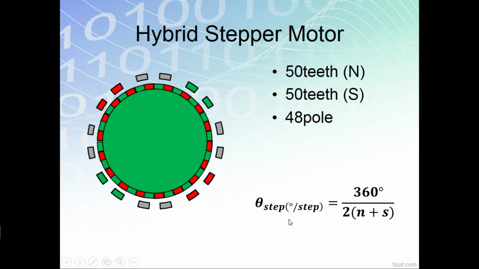the step size of the hybrid stepper motor will be equal to 360 degrees divided by 2 divided by n, the number of north teeth plus the number of south teeth.